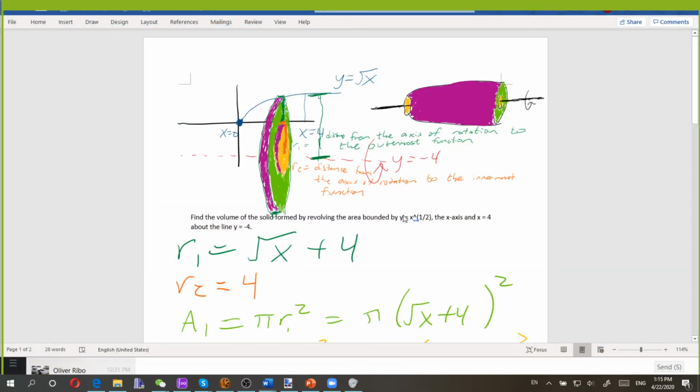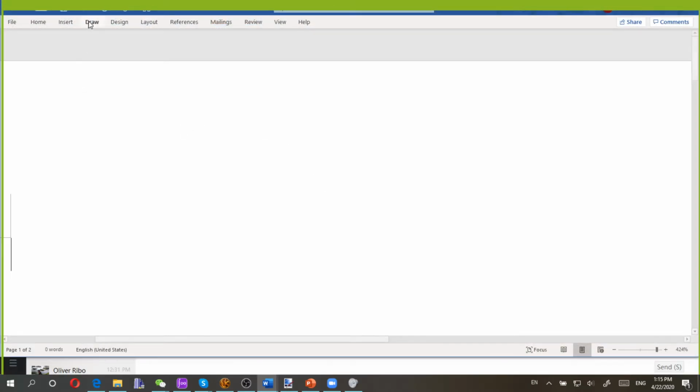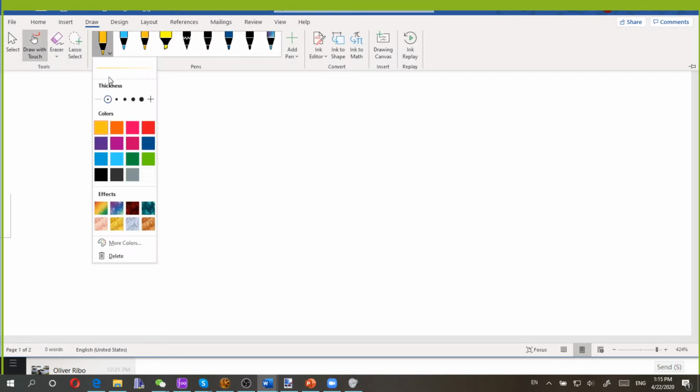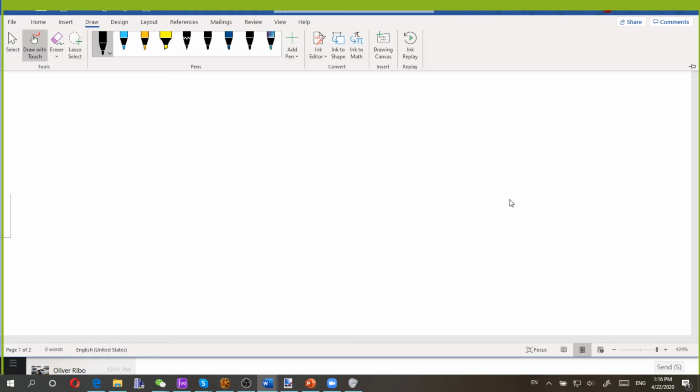I think I'm going to redo this one from the top, and then have you guys help me out once we get to the integrals. So this time I'm going to do the exact same problem.